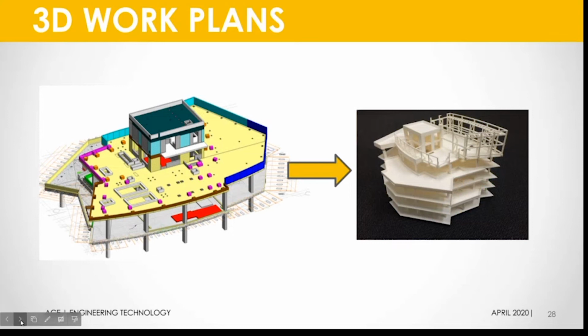We have a 3D model of the top of a tower, but sometimes digital is great, but sometimes it's not nearly as good as actually having something physical that's in your hand. So believe it or not, yes, even as contractors, we still will 3D print objects, especially here.